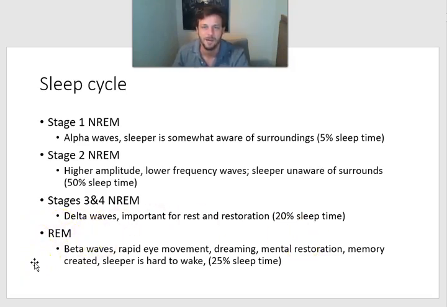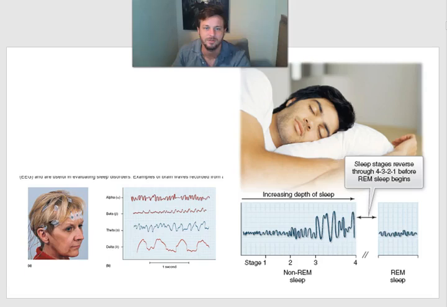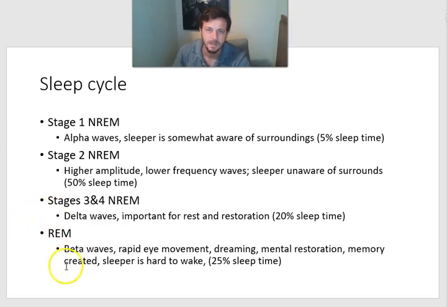So this is rapid eye movement. We see beta waves in this one. If you look, they are short amplitude, high frequency waves. It is in REM sleep where you are doing your dreaming. It is very important for mental restoration, and this is when you create memories.